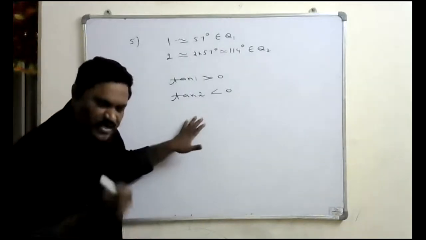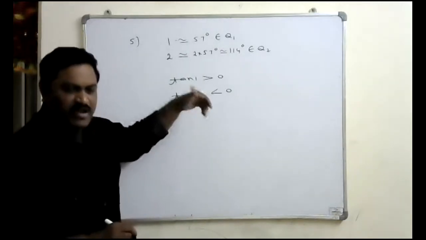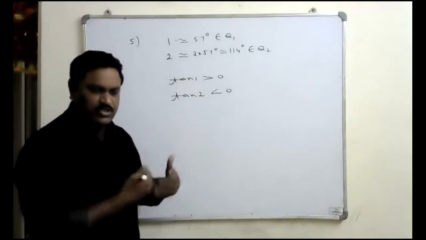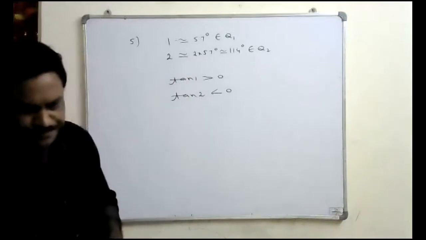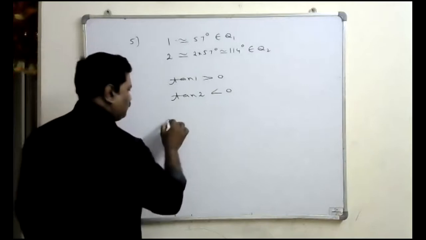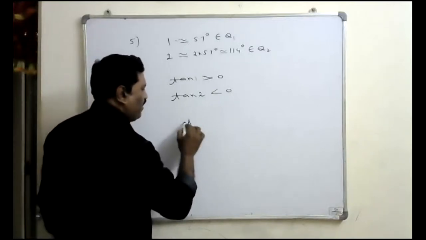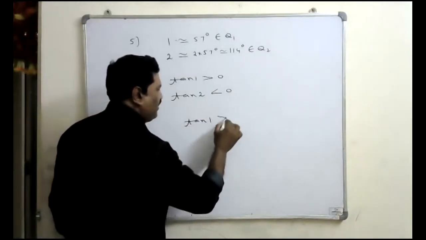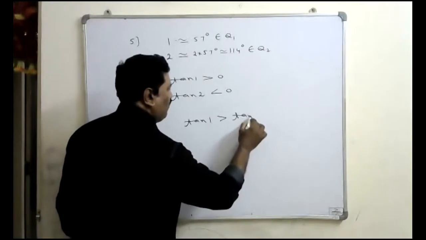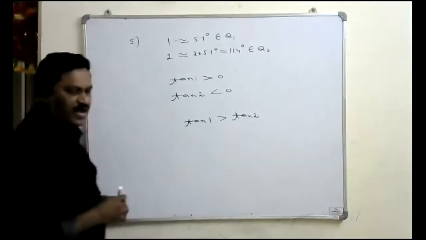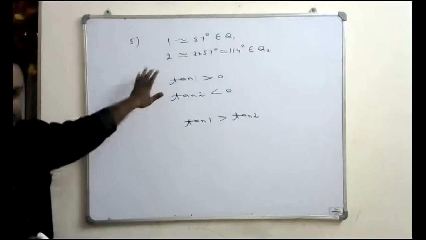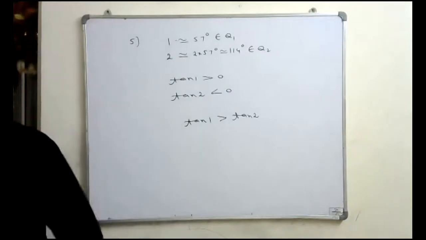So tan 2 value is negative. Tan 1 value is positive. Then out of these two, which is the bigger value? Positive value. So tan 1 is greater than tan 2 always. This is the answer. Tan 1 greater than tan 2, since one is positive and the other is negative. Take that.